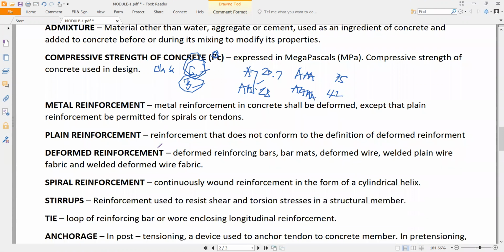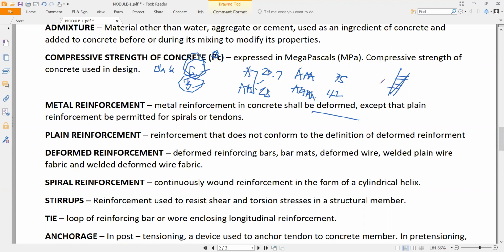Okay, the metal reinforcement. So, metal reinforcement shall be deformed. Ayan. So, usually, ang ginagamit natin metal reinforcement are deformed bars. Yung deformed bars, di ko sinabi na may sira, kundi yung may mga kanal-kanal, nakikita nyo yun, yung may ganyan, may mga kanal-kanal. So that are deformed parts.